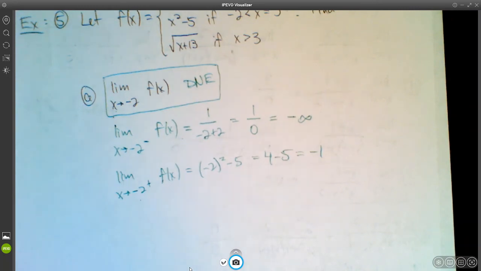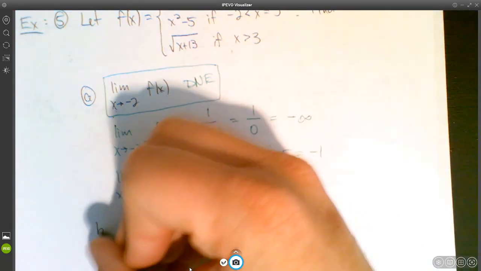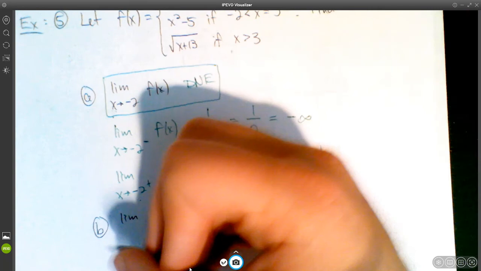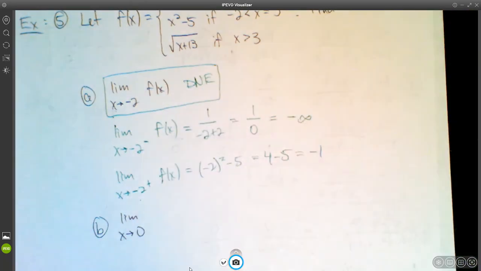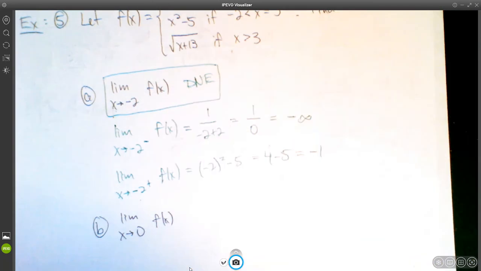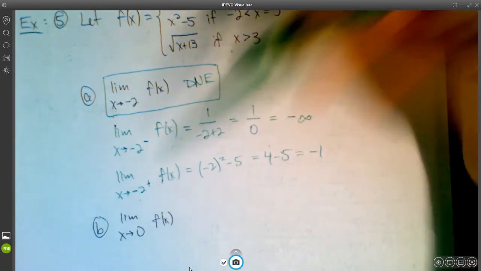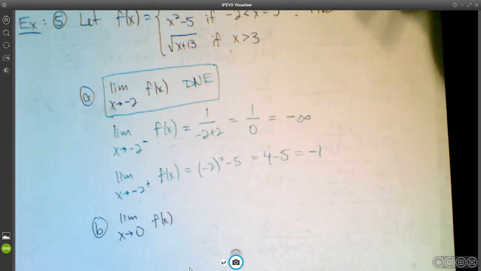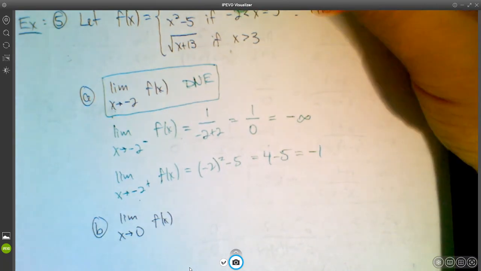Okay, so that's the limit as x approaches negative 2. Let's look for the limit as x approaches 0 of f of x, sorry. Well, as x gets closer and closer to 0, 0 is between negative 2 and 3.